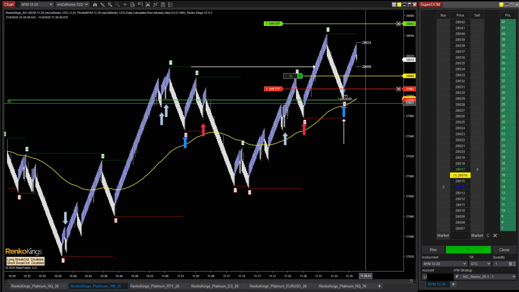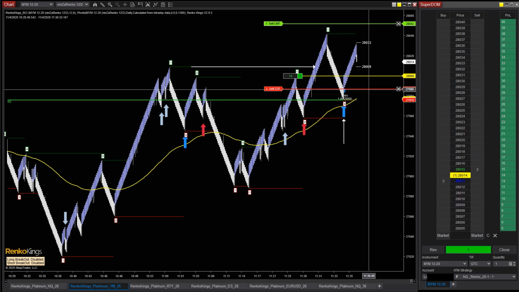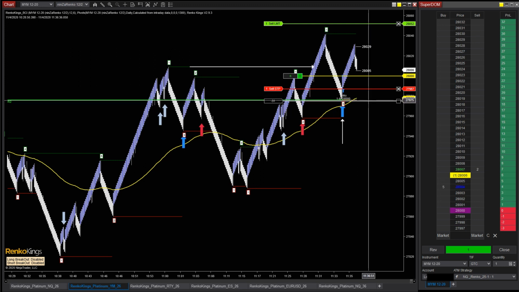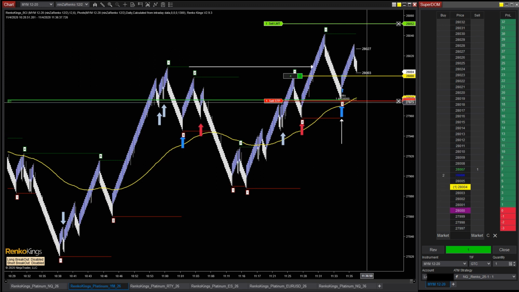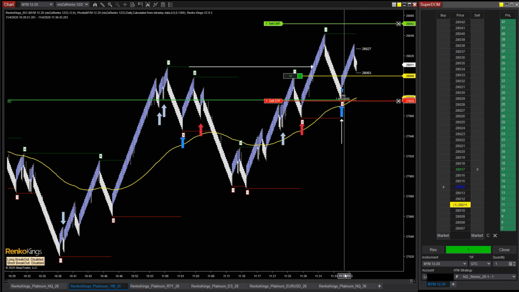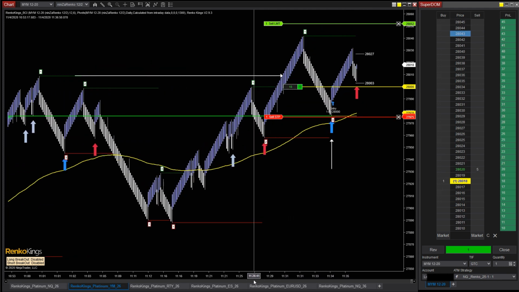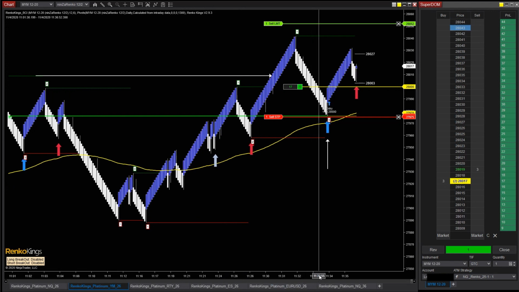Okay, so now in this example, I'm only trading with one contract. MNQ, okay, buy signal 2. We have to trail it a little bit differently, okay?